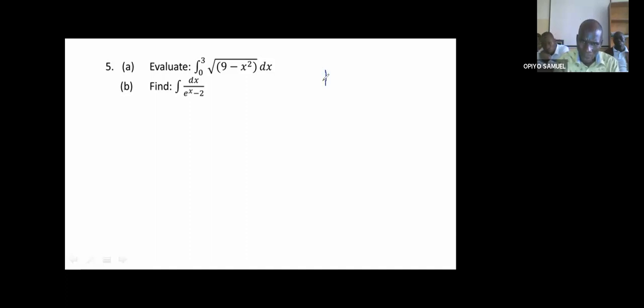We know that 1 minus sine squared theta is equal to cos squared theta.